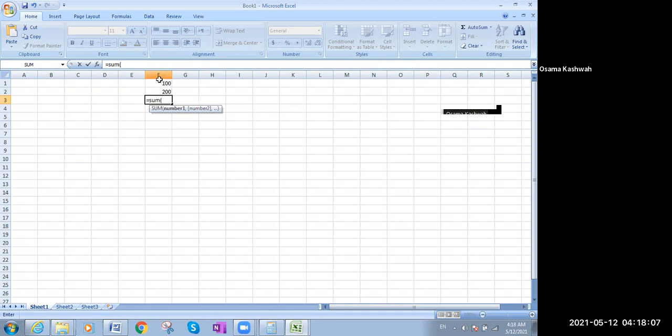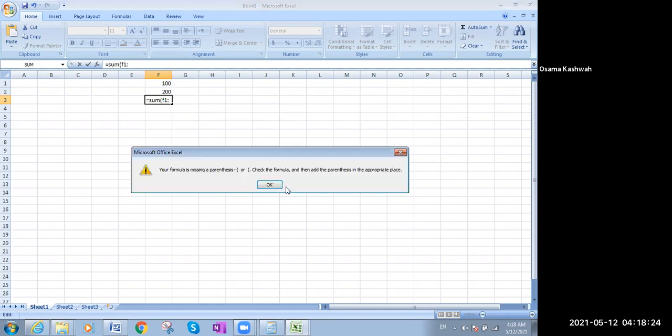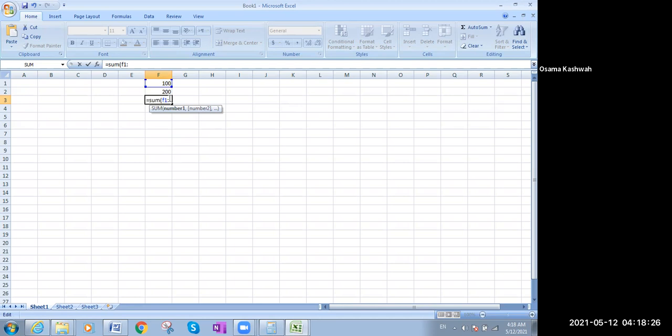The first cell is F1, then F2. Then I close the bracket and press enter, it gave me 300. That's how it works.